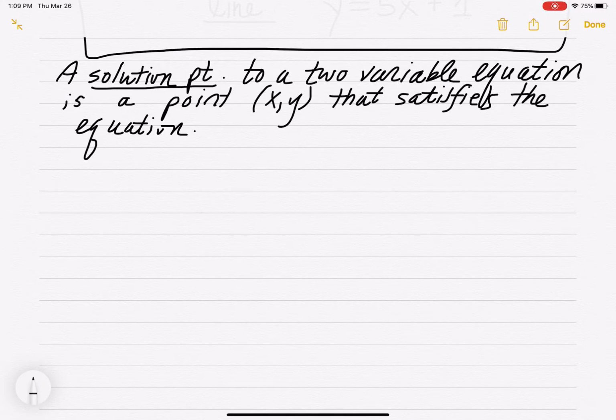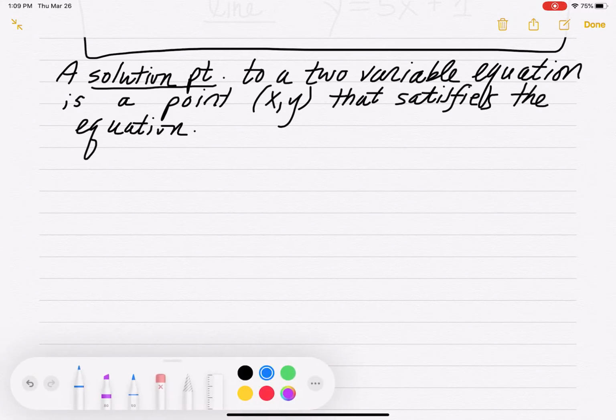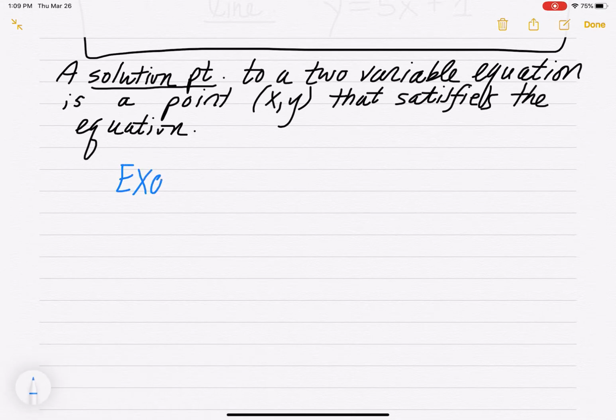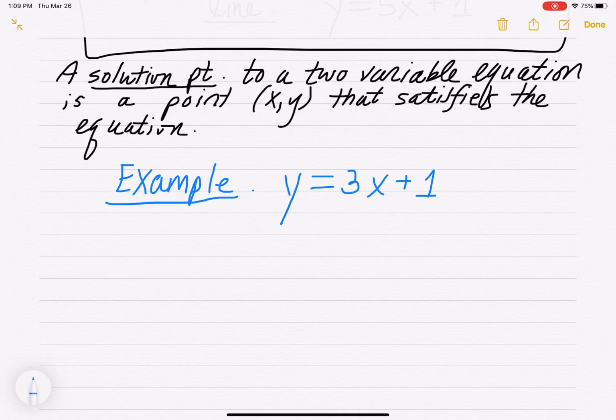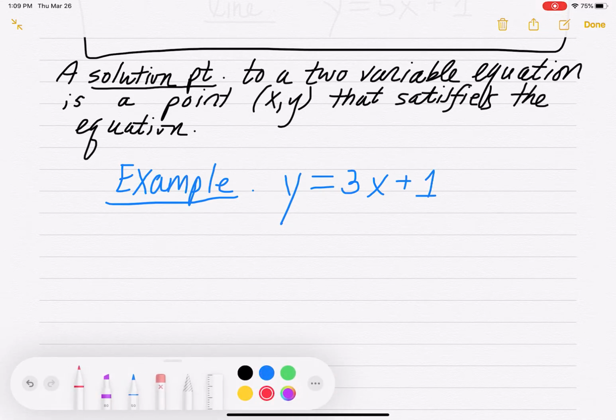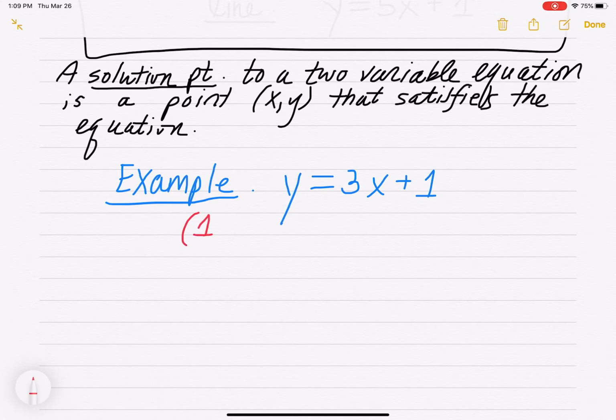Let's take, for example, let's look at the equation y equals 3x plus 1. Notice that the point 1 comma 4 is a solution point. Why is that?